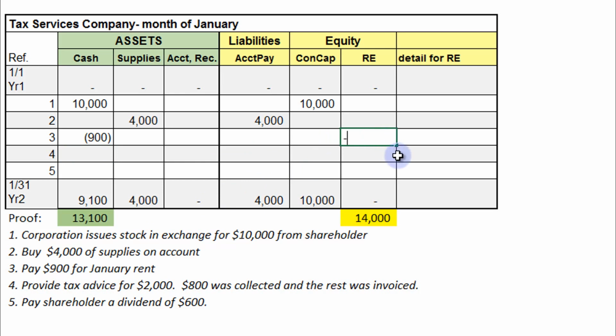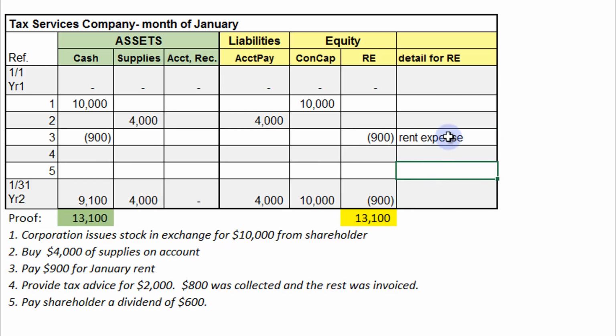Remember that expenses decrease equity. If you're not confident about the sign, remember that the accounting equation has to balance. So in order for this transaction to balance, and we feel good about the negative cash, you need a negative under retained earnings as well. Now, the entries that go into retained earnings eventually need to be organized into an income statement.